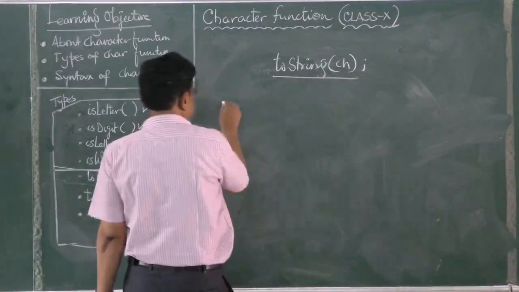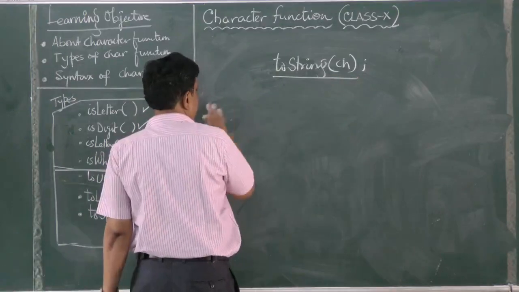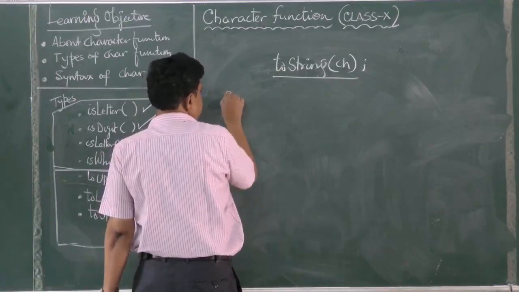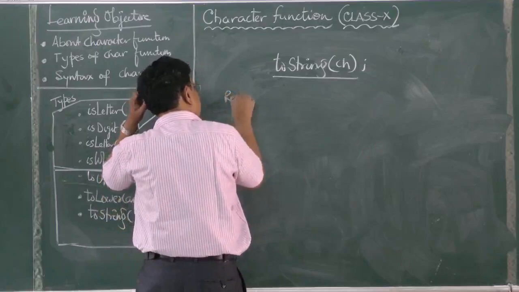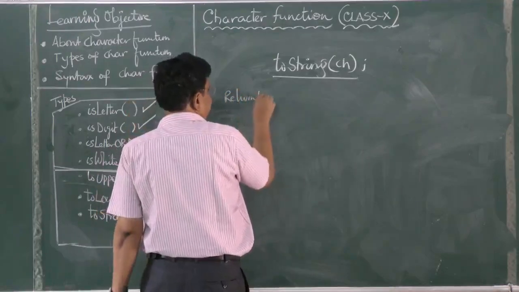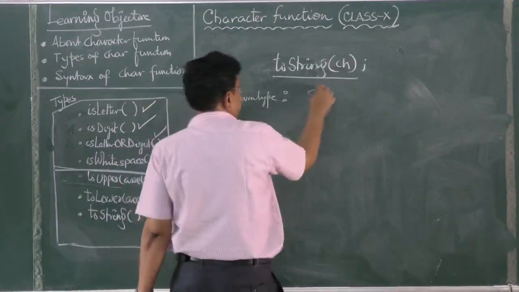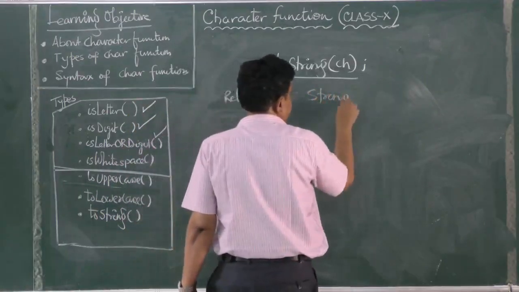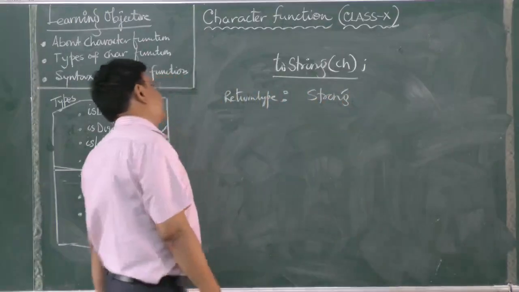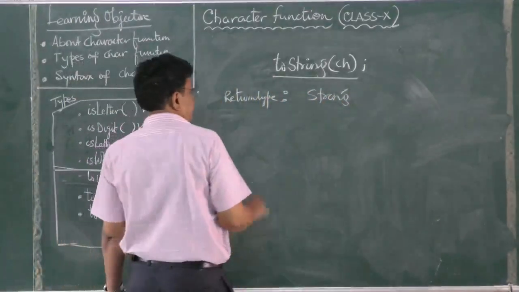In this case, the result, or the return type rather, is a string type. It converts the character into the string.